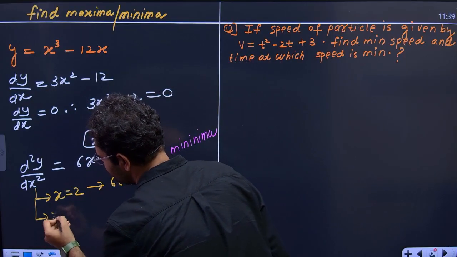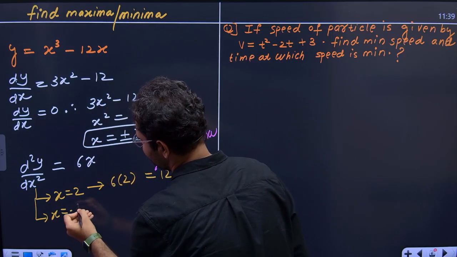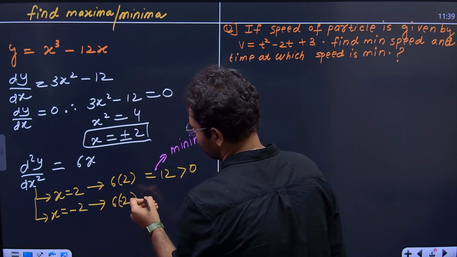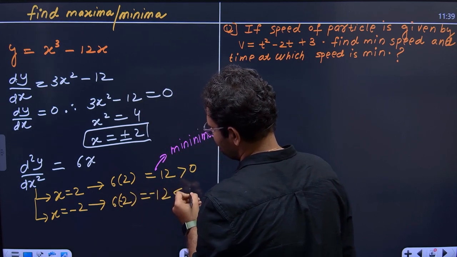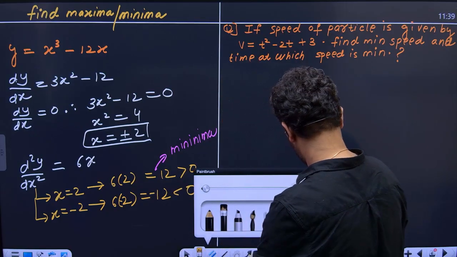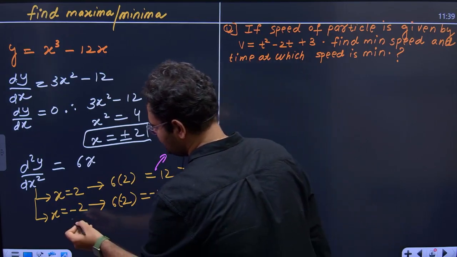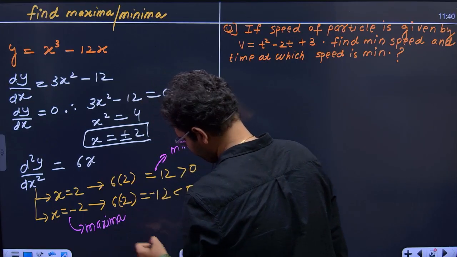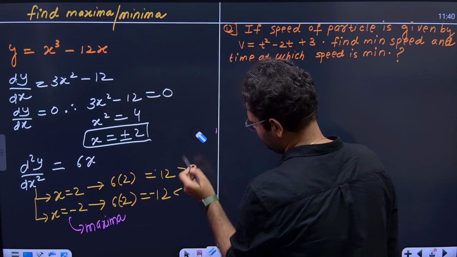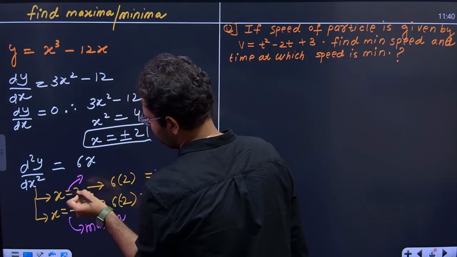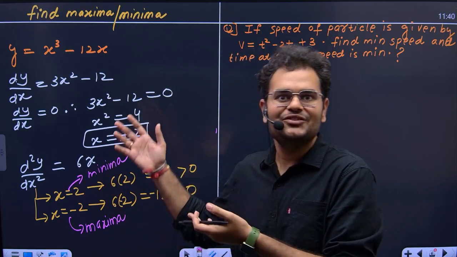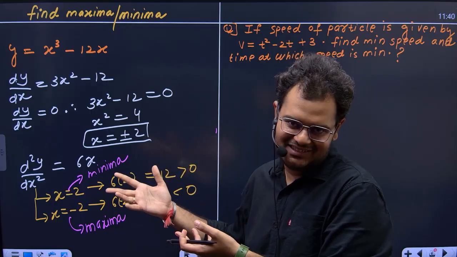Similarly, if I substitute x is equal to minus 2, 6 into minus 2 is equal to minus 12, which is less than 0. That means this is maxima. By the way, what I want to say is that x equal to 2 is the minima point.